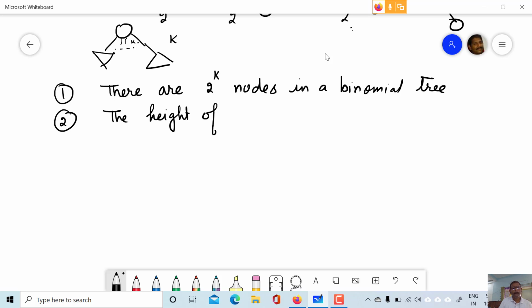The second rule: the height of the tree is k.